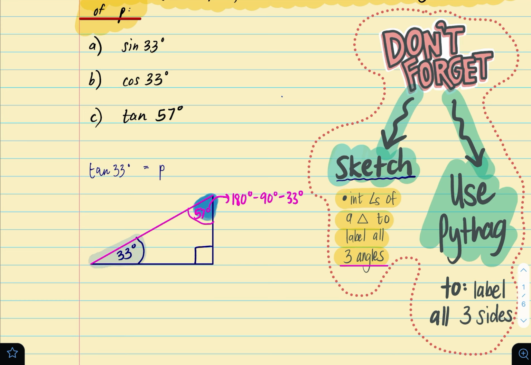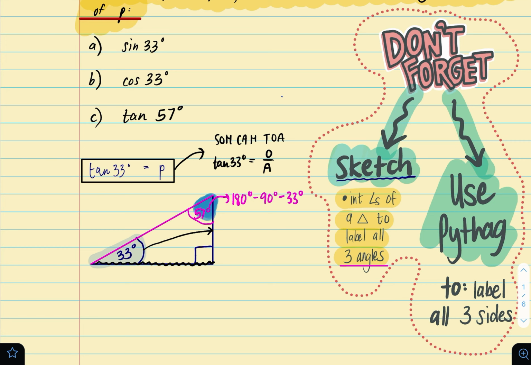We have opposite over here, adjacent down below over here. And the information we've been given is tan of 33 is equal to p. Remember, SOHCAHTOA tells us that tan is opposite over adjacent.